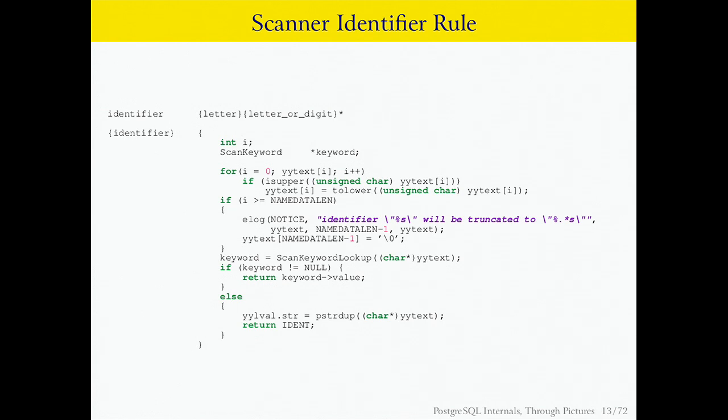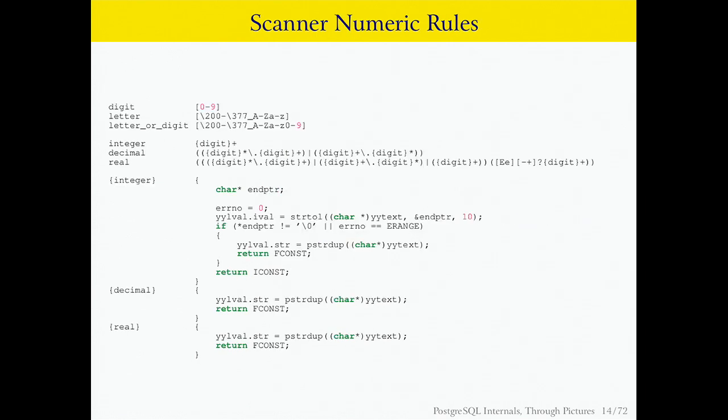Okay? One of the jobs of the scanner is effectively to pick apart when something comes in as a token, separated by white space, for example, not in a string. We identify whether this is a keyword or just a generic string which could represent a table or column or something like that. The other thing it has to do is to identify numbers. So here is a pattern for a digit.